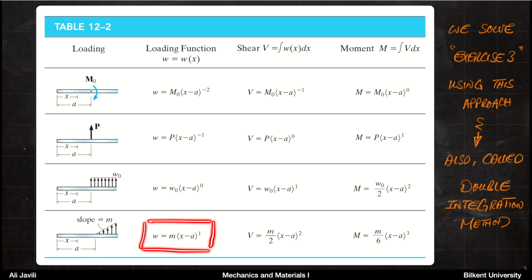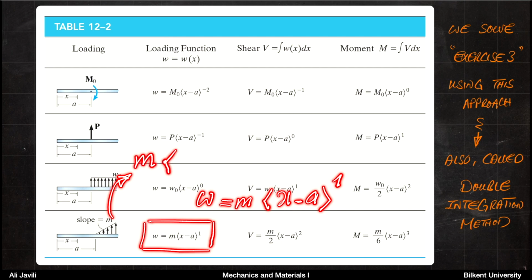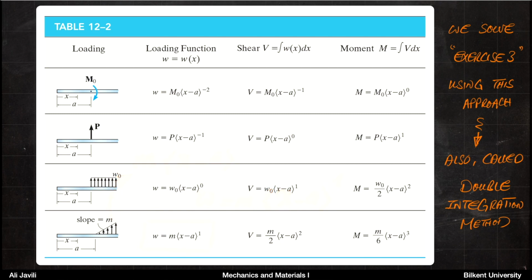W equals m x minus a in Macaulay bracket to power 1. So basically for any point after a, it would naturally give you just m times x minus a. And for any point before a, it gives you 0. Now, why is that interesting?